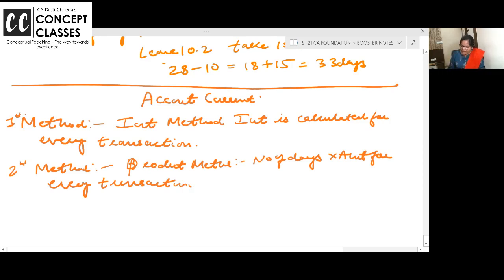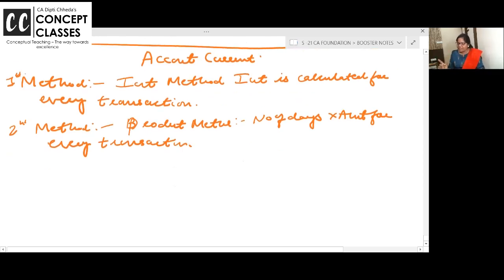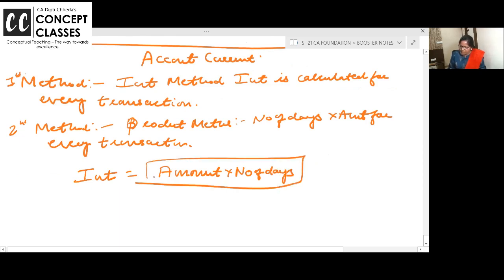And then how do you calculate? For every transaction, you get this number of days and amount. And then how do you calculate interest? Amount into number of days. If you put it in box, you call it as product.